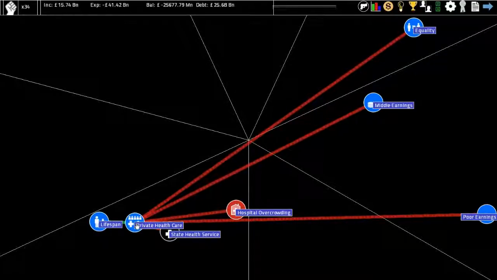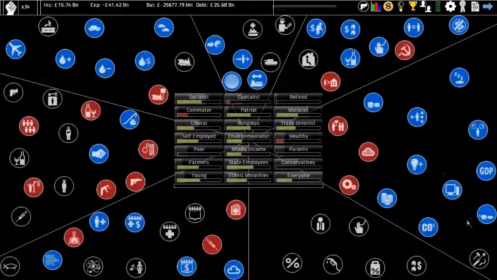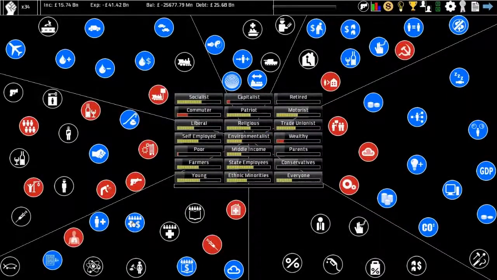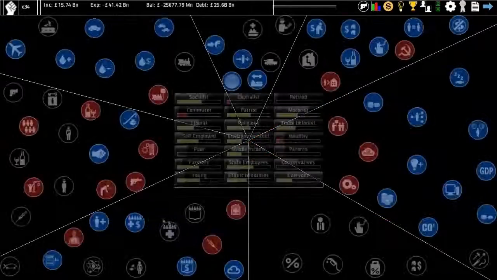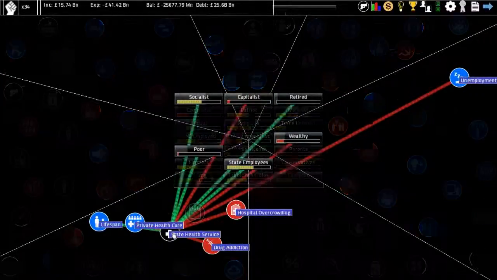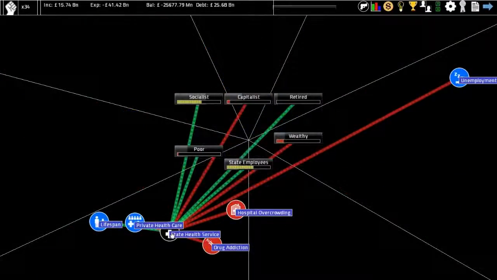Everyone will be paying for their healthcare, and obviously you can see these lines going to the poor and middle earnings. It's considered that the rich have enough money that their healthcare costs are fairly trivial as a percentage. But obviously they don't like paying for private healthcare. They'll be paying one way or the other, because you will have to pay as government for the state healthcare. It will have to come out of taxes.